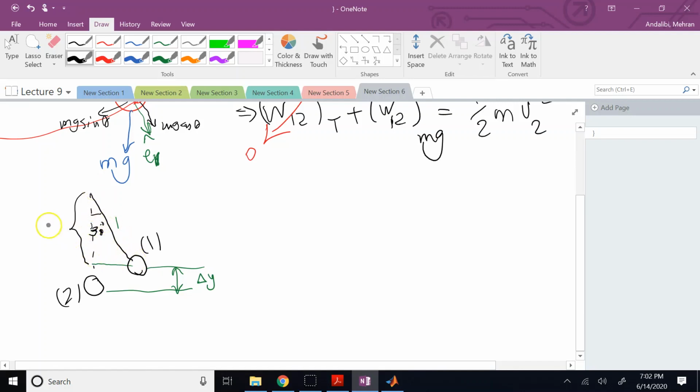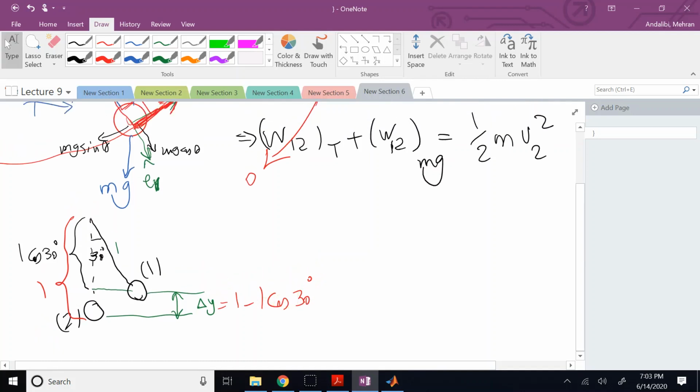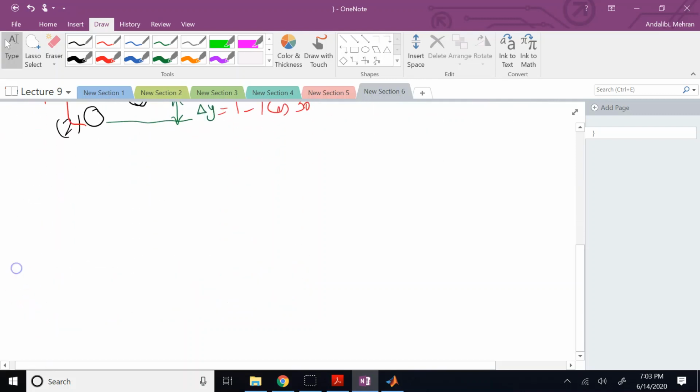Yeah, this is 1, this is 30, so this is 1 times cosine 30. But this whole thing from here to here is 1. So the difference is 1 minus 1 times cosine 30. In general, if the length of the pendulum is L, it's going to be L minus L cosine 30 if one of the angles is 0. But in general, just keep that in mind.